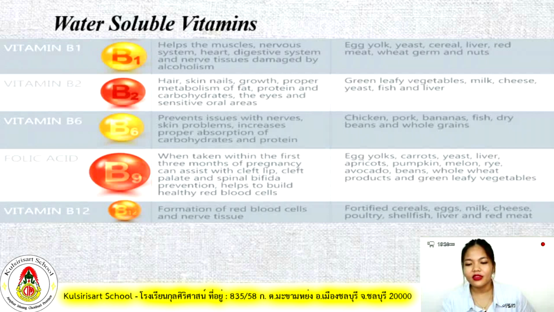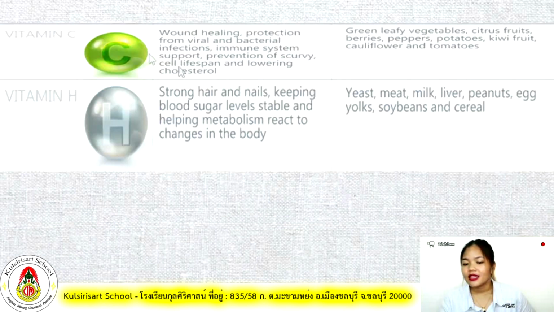Okay. The next one, the last two, is vitamin C. Vitamin C is responsible for wound healing, protection from viral and antibacterial infections, immune system, prevention of scurvy, cell lifespan, and lowering cholesterol.